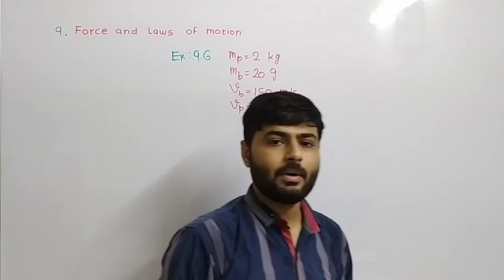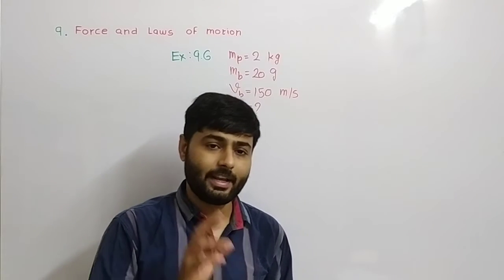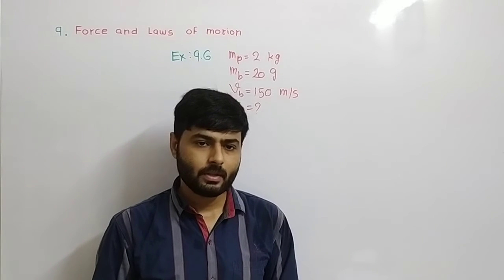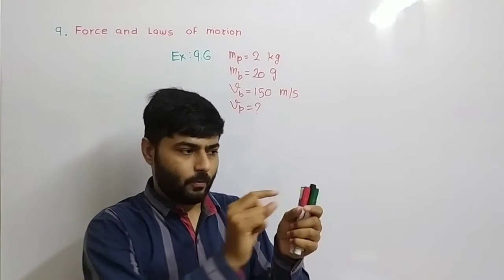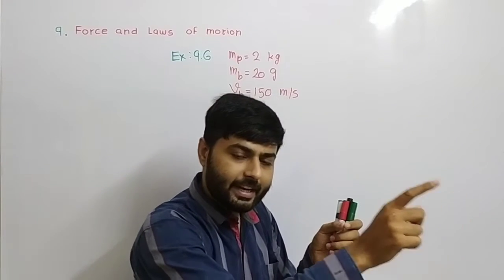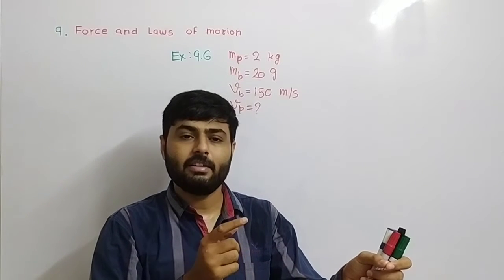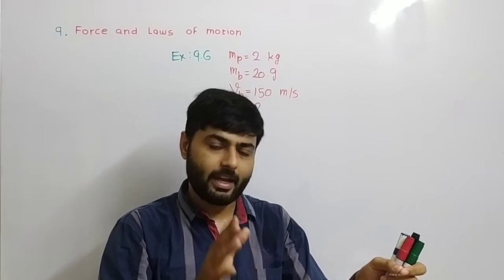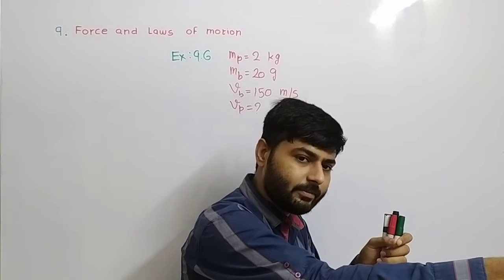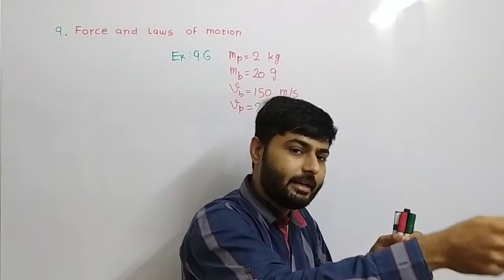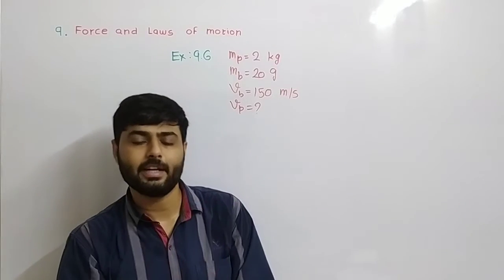So I hope you remember what recoil velocity is. We have discussed recoil force. When we fire a gun, by the third law, when the bullet is fired, the bullet exerts a force on the gun that is equal in magnitude and opposite in direction. So the force on the bullet is in this direction, and the force exerted by the bullet on the gun will be in the opposite direction.